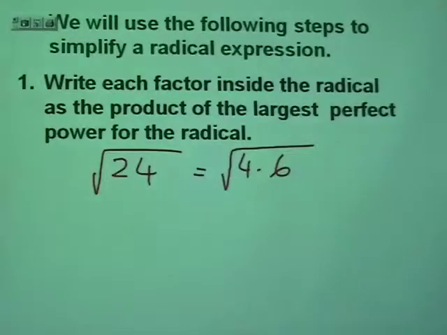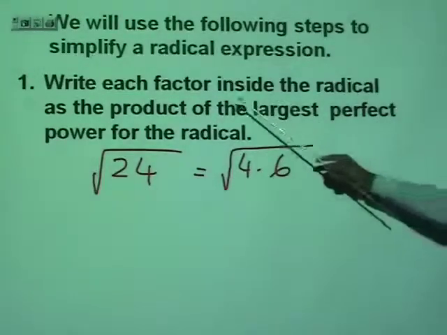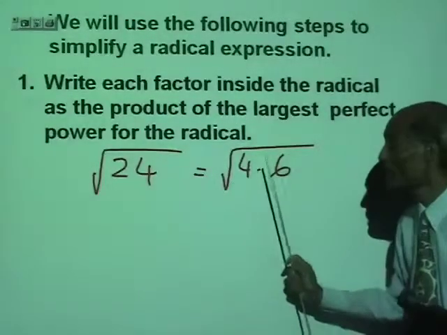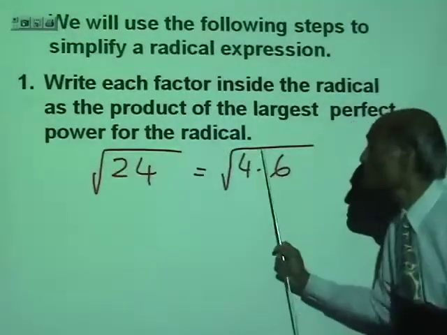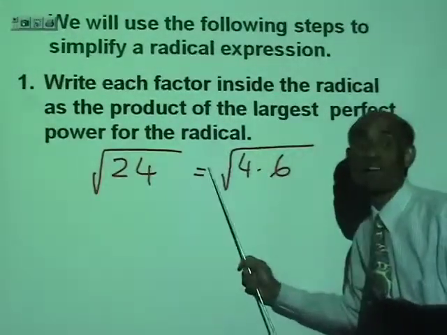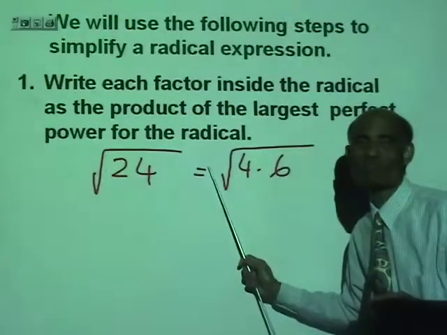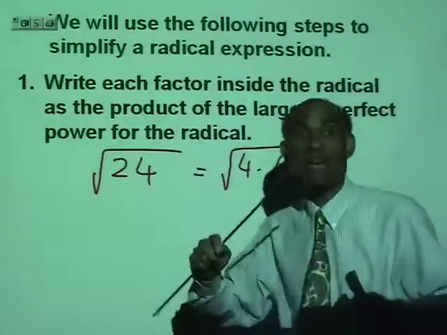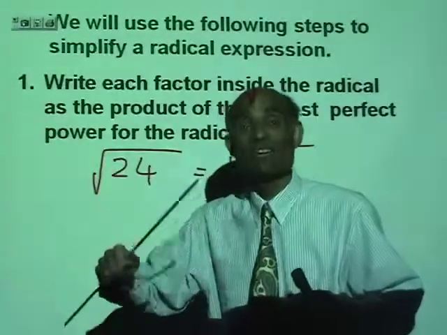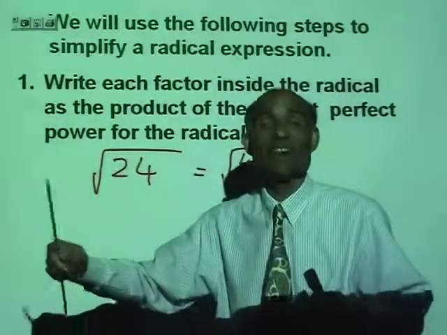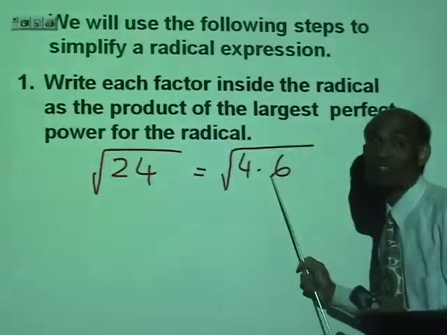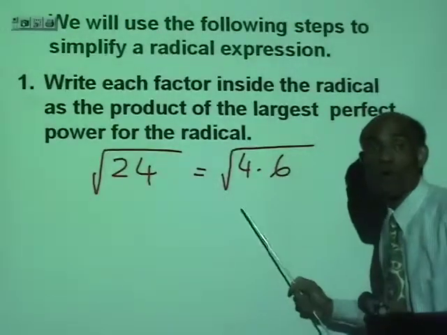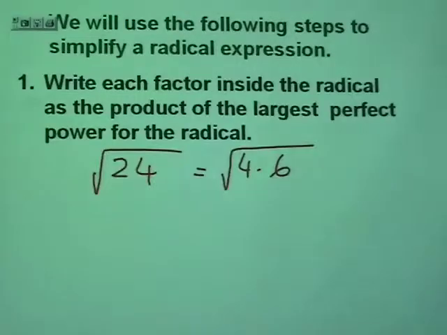And now, your next step, before I write down the steps, let me talk about it. Your next step is to use the product rule to split this into two radicals. You remember the product rule? Square root of a times b is square root a times square root b. Square root of 4 times 6 is square root 4 times square root 6.